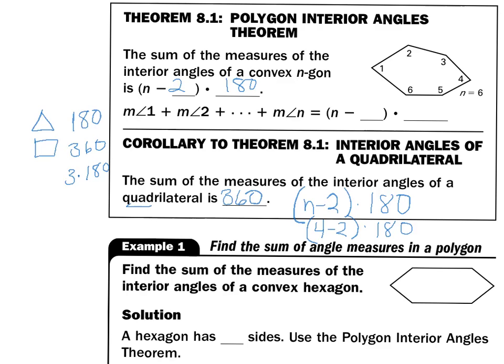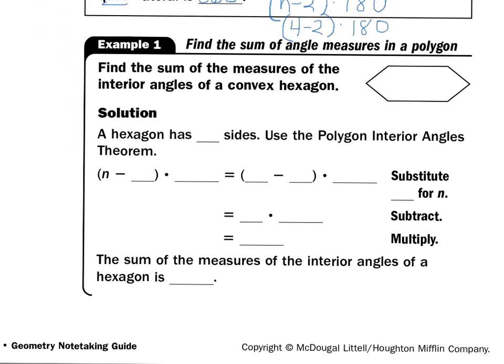Okay, here's a hexagon on example 1. Let's find this. Okay, so a hexagon has how many sides? It has 6 sides. And then we're going to put in our formula, n minus 2 times 180.